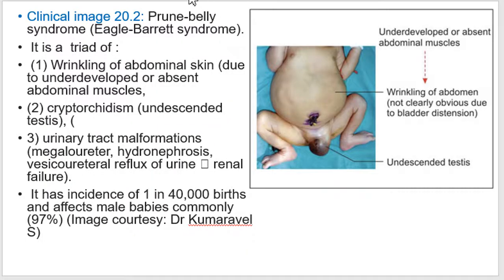Eagle-Barrett syndrome, or prune belly syndrome. It is a triad of wrinkling of the abdominal skin, cryptorchidism, and urinary tract malformation.